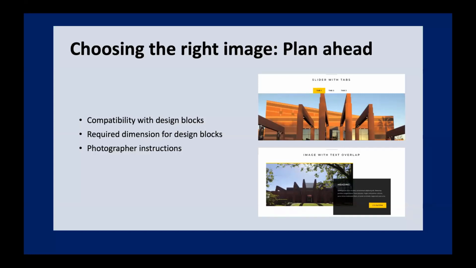If you want to use this design block, just be sure you select photos that fit the requirements. If you don't have that photo, plan ahead and make sure you let your photographer know that you need something that is more widescreen. A quick note, many if not all the design blocks will have size requirements that will help you in your photo selection. Just be sure to reference the design block guide to verify the sizes.